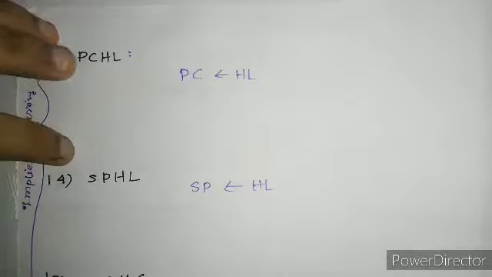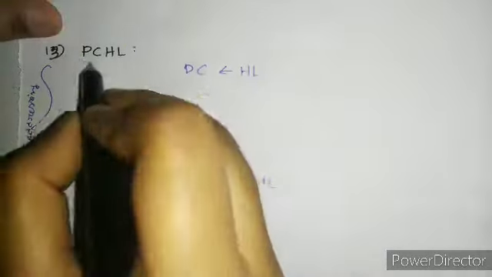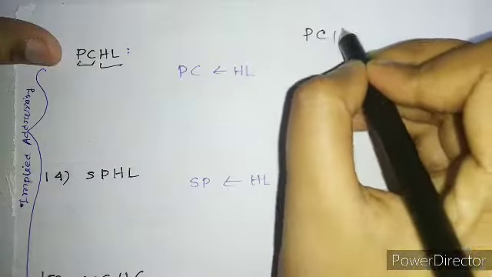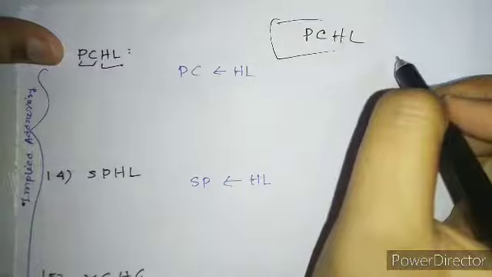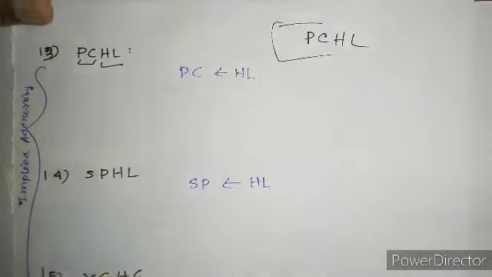The first instruction is PCHL. As the name suggests, PC and HL. This instruction is just written like this, nothing else. What kind of addressing mode is this? There is no address, no data, no register pair, only this.